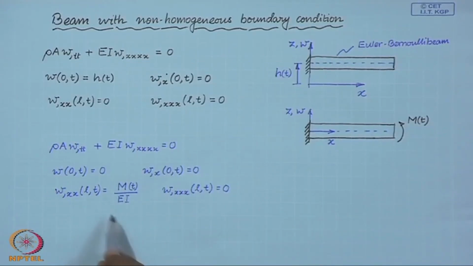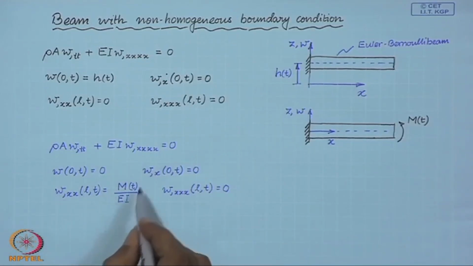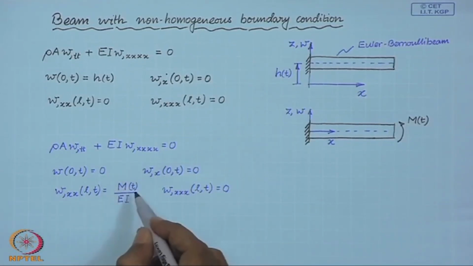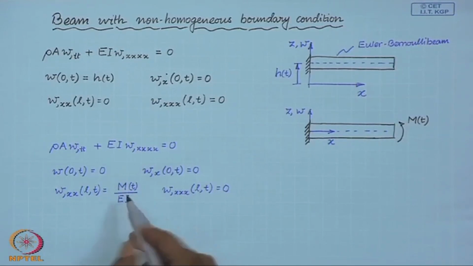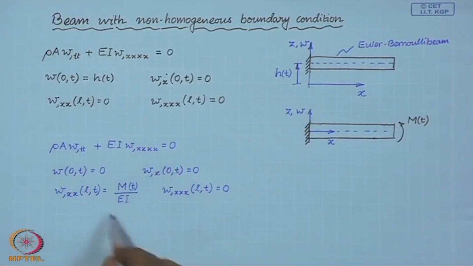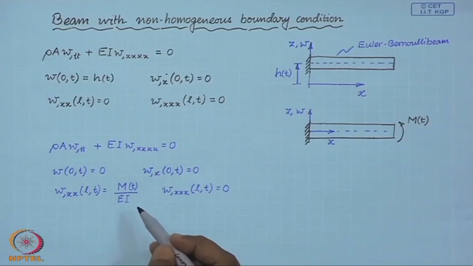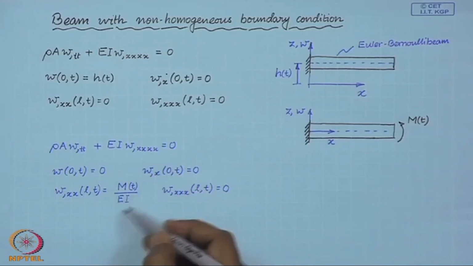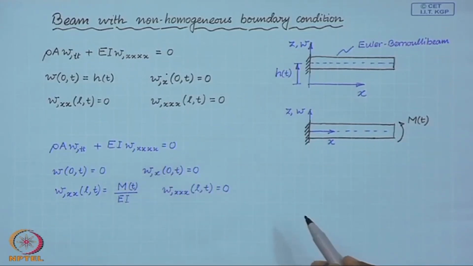So, this is another kind of non-homogeneous boundary condition, where you have the force. Here it was the displacement, here it was the force. Now, when you have force, it is possible to include it in the equation of motion.